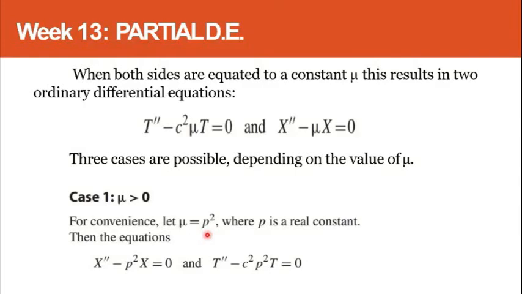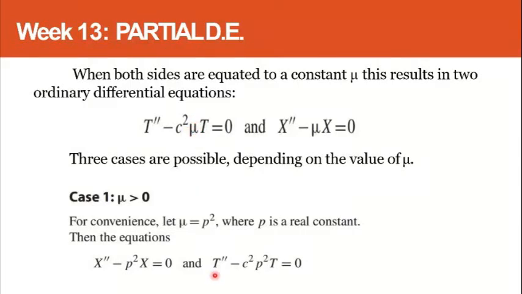So therefore, kung yung u natin is equivalent with p squared, isa-substitute lang natin siya based dito sa equation natin. So dito sa first equation natin, we have the second derivative of T minus c squared times u times T is equal to 0. So dito, substitute lang natin yung u kay p squared.